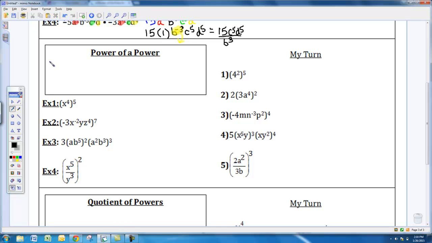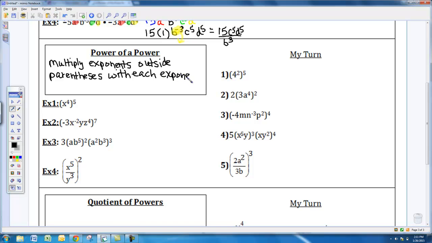This says that we need to multiply exponents outside parentheses with each exponent inside parentheses.